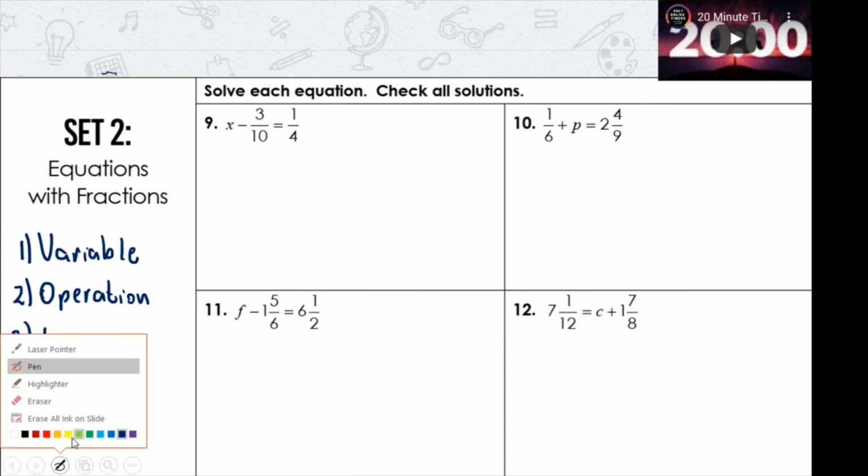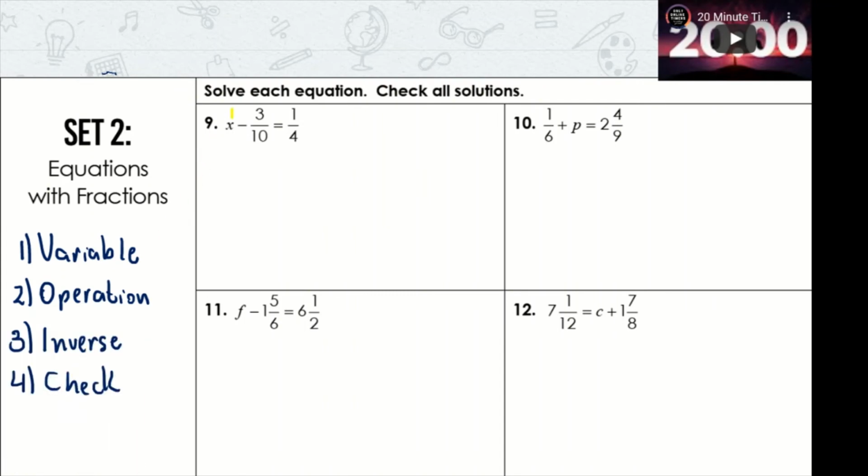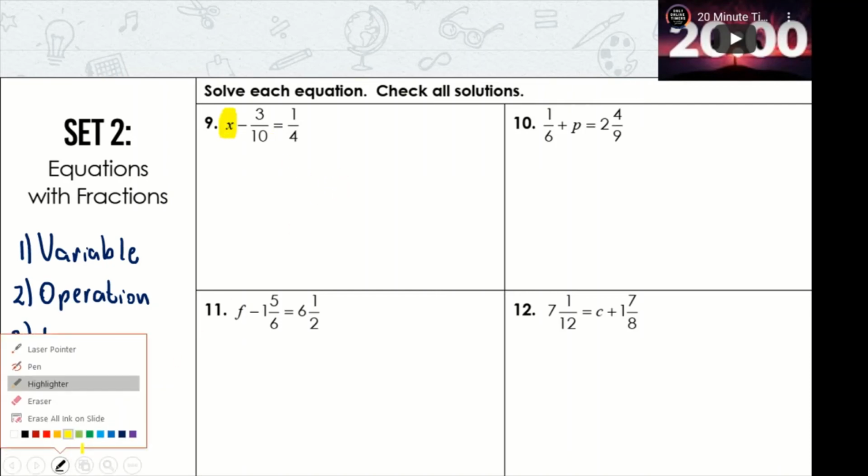Great. Let's go ahead here. Where is the variable? Is it left or right? Left. Thank you. What is the math operation tied to the variable?